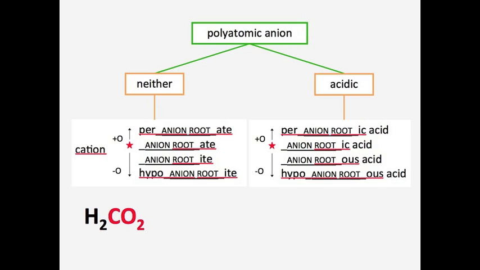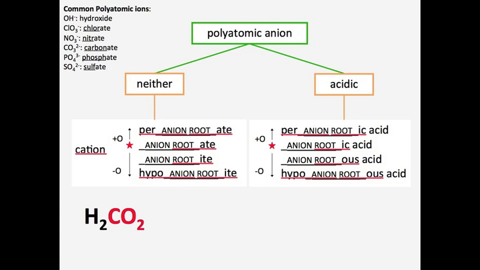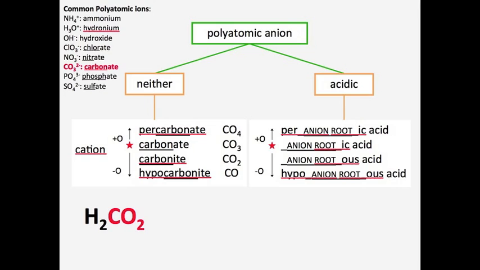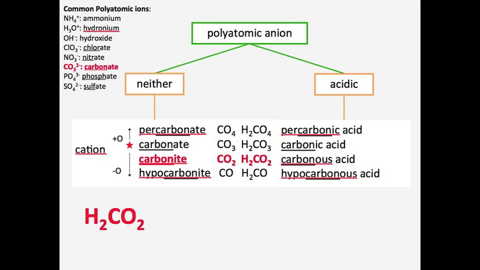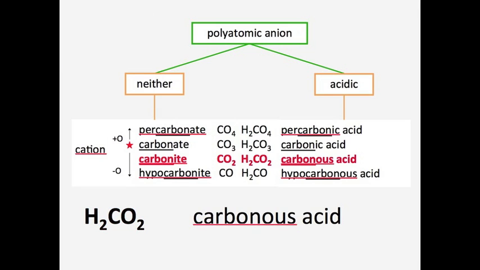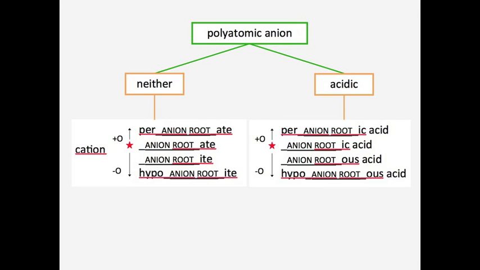The anionic component derives from our baseline polyatomic anion, carbonate, since it contains a carbon. Carbonate contains 3 oxygens. Carbonite contains 2 oxygens, 1 less than our baseline. But since this is an acid form, we replace -ite with -ous. This is carbonous acid. Here's a summary of what we have learned so far.